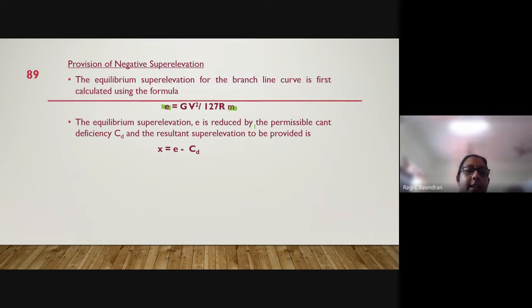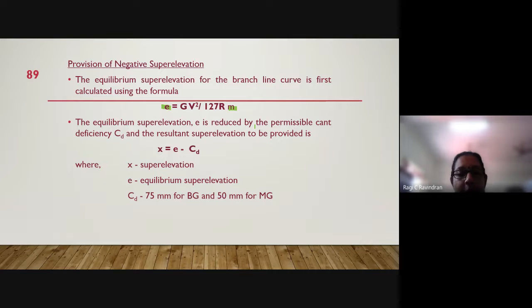That is, x is equal to E minus CD, where E is the equilibrium super elevation and CD is the cant deficiency. And the resultant super elevation is denoted by the letter small x. For broad gauge, the cant deficiency is 75 mm.